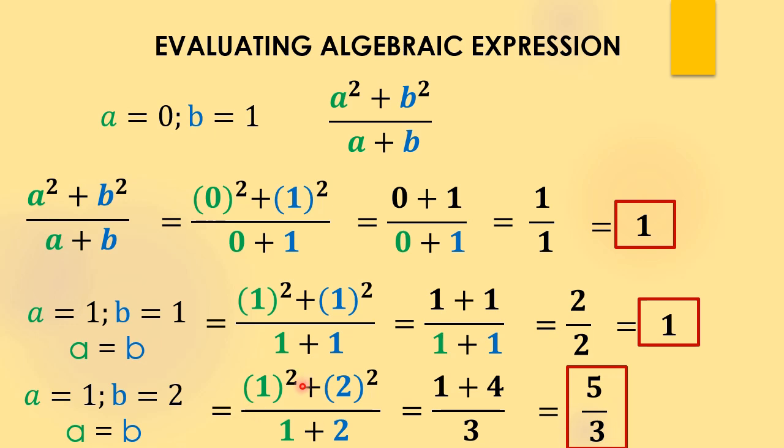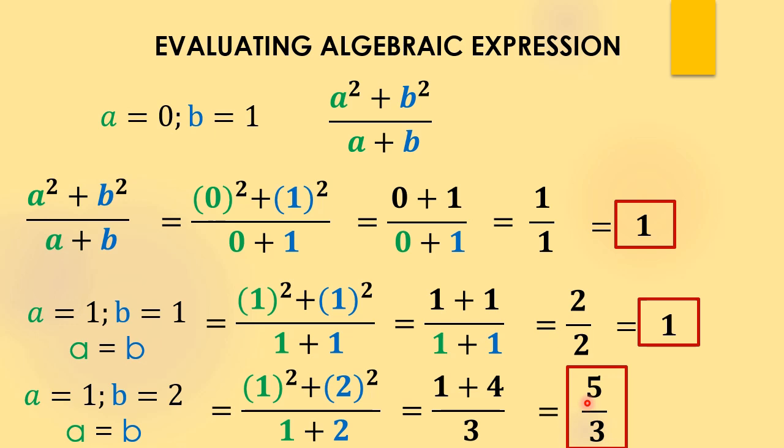So the square of 1 is 1 and the square of 2 is 4. The square of 2 is 2 times 2, multiply 2 by itself, that is 4. And then you add 1 and 4, that is 5.